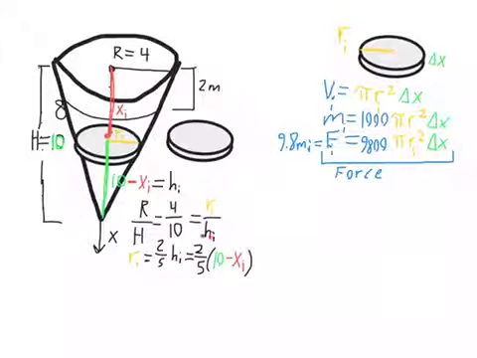And if we were to multiply both sides of this by little h, we would get 4/10 times little h. That simplifies to 2/5. So little r will be 4/10 little h, which is 2/5 little h. And now I plug in my expression for little h right here.